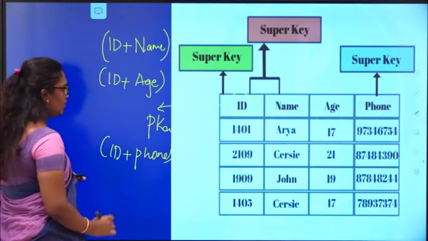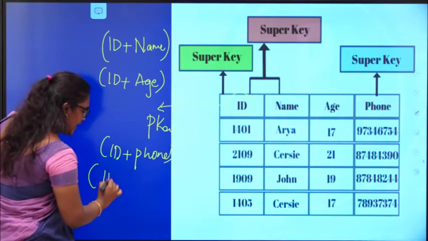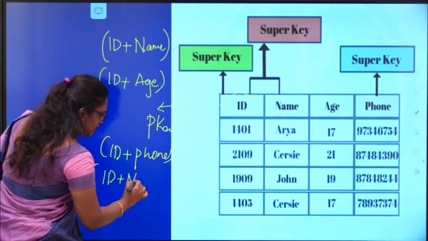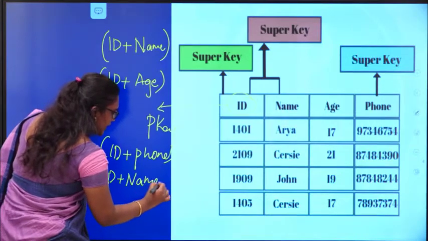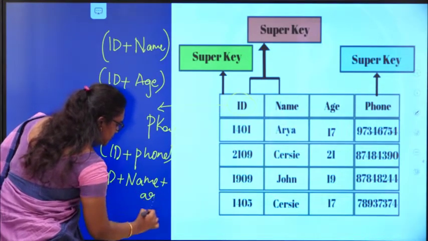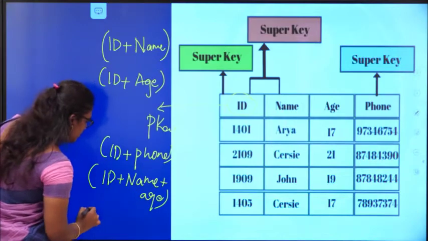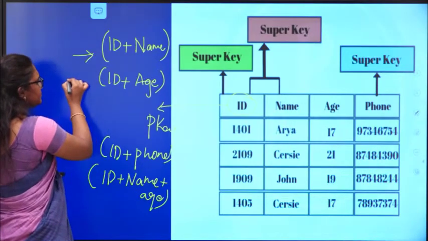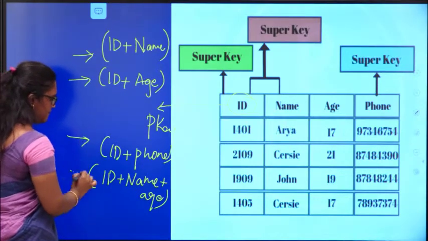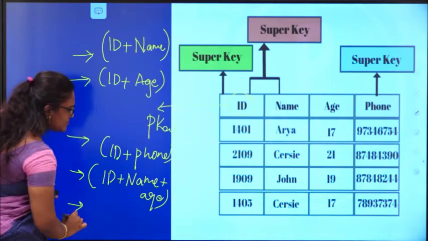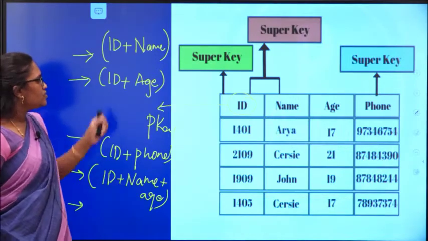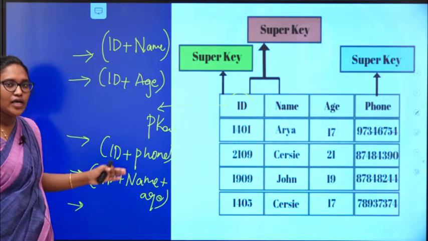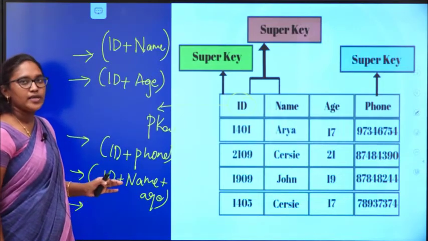The fourth super key is ID plus name plus age. And another one is ID plus name plus phone. So if you consider these, all of these are also called super keys.